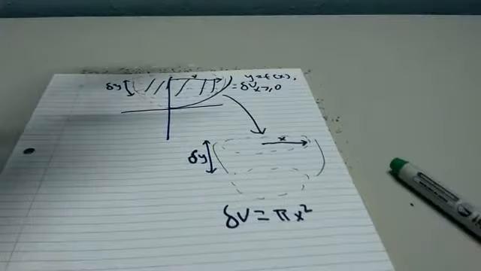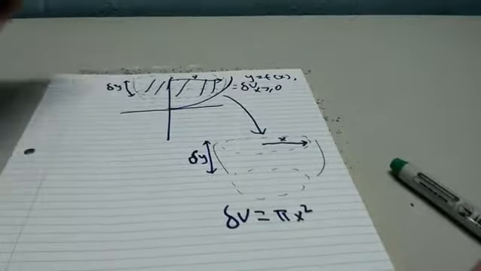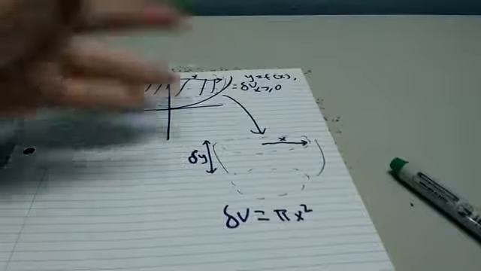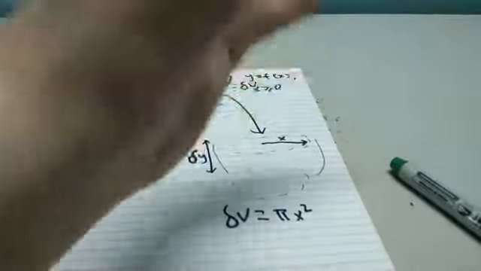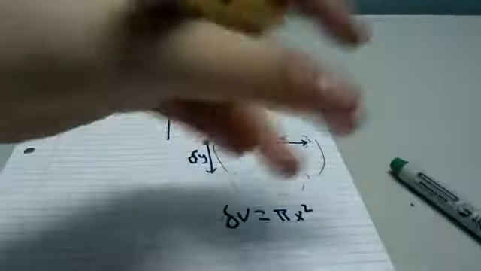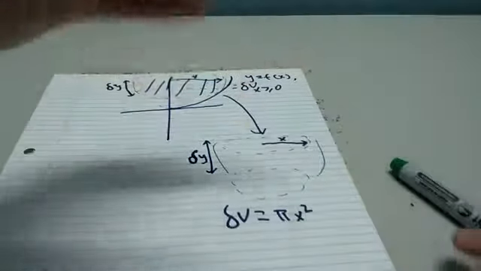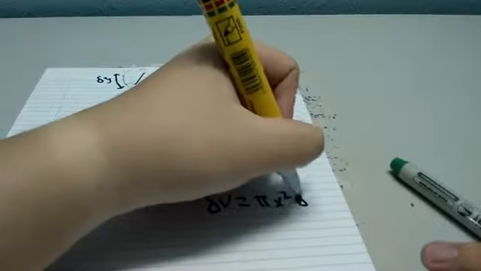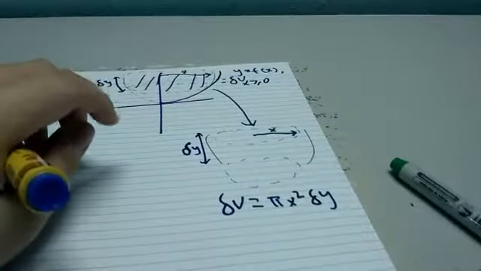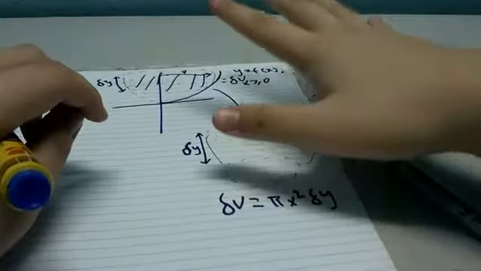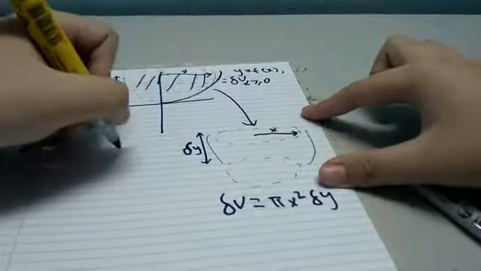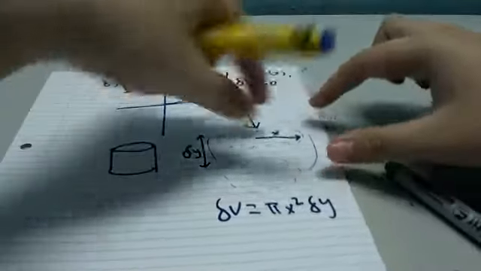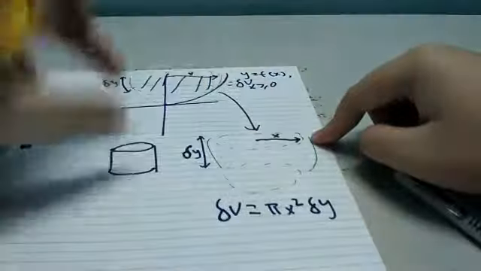But how to find x? Logically, we have a function y is equal to f of x, where y is the subject of the function, and the function is expressed in terms of x. So to integrate with respect to y, we have to make x the subject of the formula. So delta V is equal to pi x squared times delta y. But wait, this solid looks similar to the right cylinder. It is just a small change from this solid.